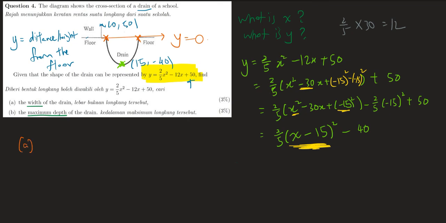Finally starting part A, because we needed to figure out what x and y are. So now y is equal to 0. We can figure out what x is. I have one equation, I just need to solve this. This is 2 over 5, so I multiply everything by 5.